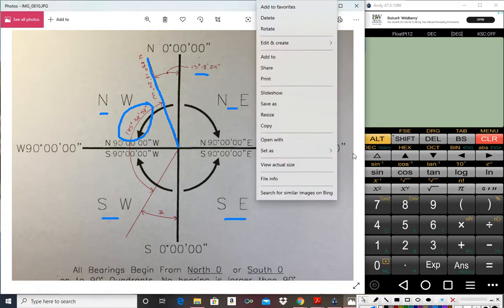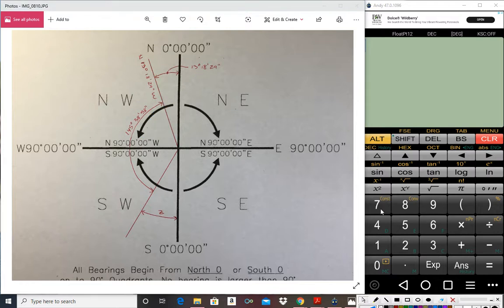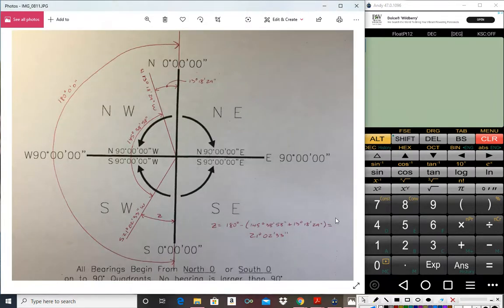In this case, it can't be just simply subtracting one from the other. We have to consider that we have an angle of 180 degrees from the north to the south. Since we are solving for z, the angles that are given to me are the bearing in the northwest quadrant, 13, 18, 29, and the balanced angle of 145 degrees, 38 minutes, and 58 seconds.